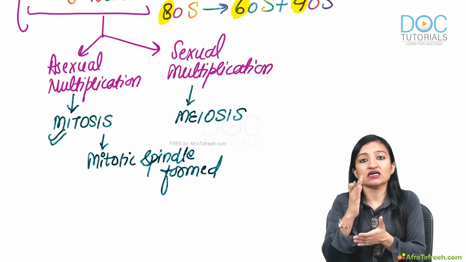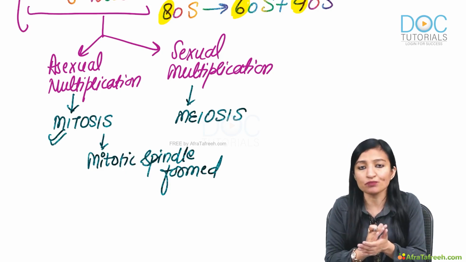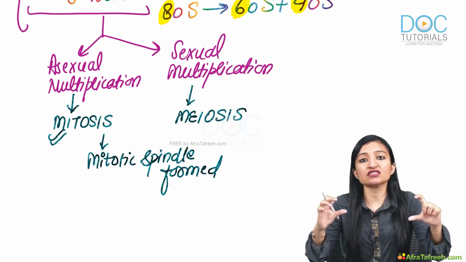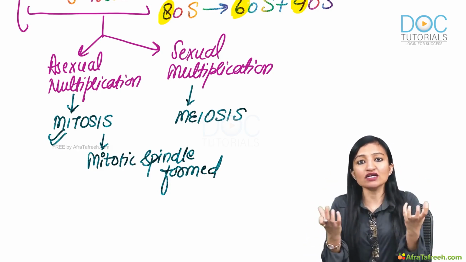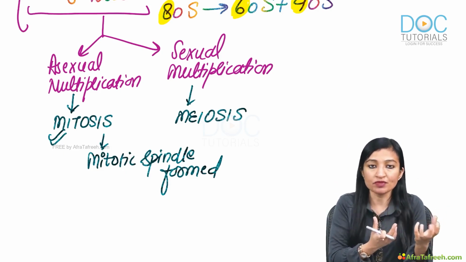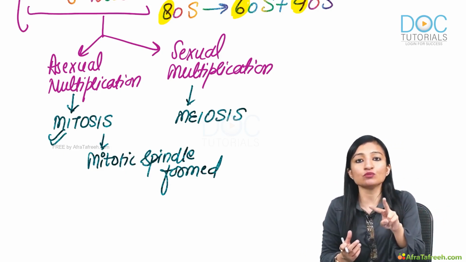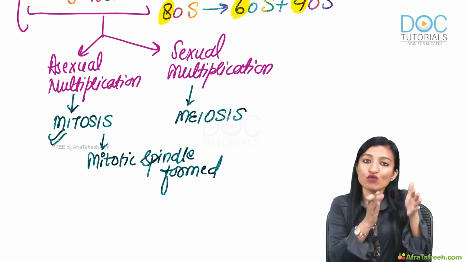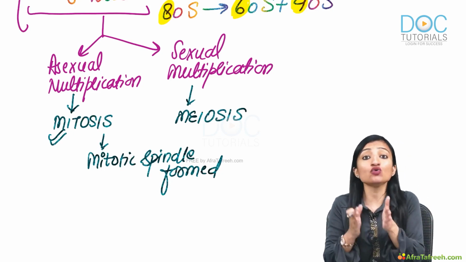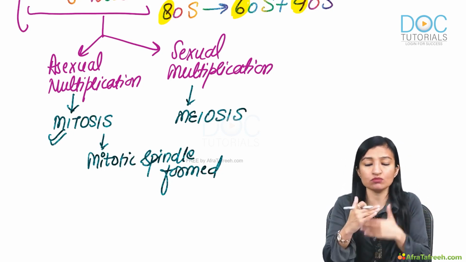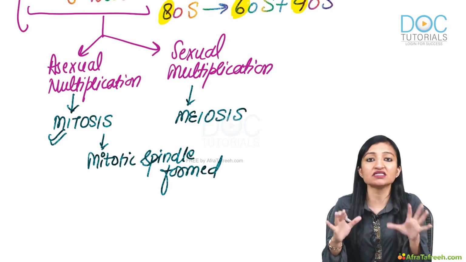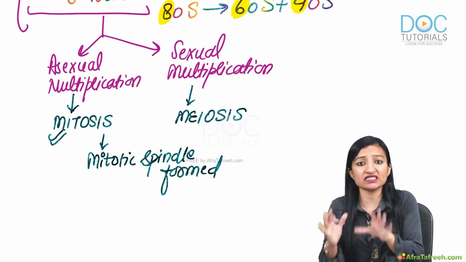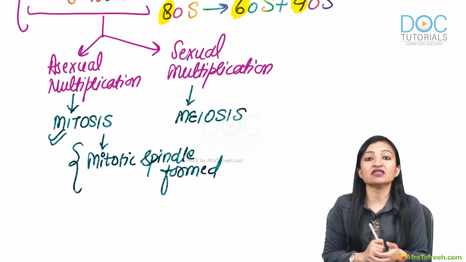For instance, suppose there is chromosome number 2. Both daughter cells should have one copy of chromosome number 2. Both copies of chromosome 2 should not be given to one single daughter cell. And to make sure that all this happens properly and safely, the mitotic spindle is formed.